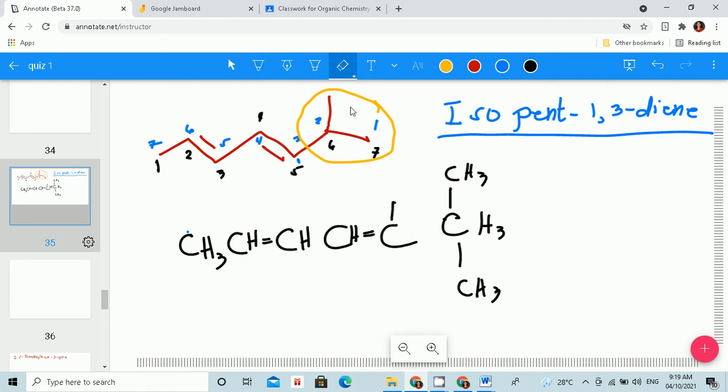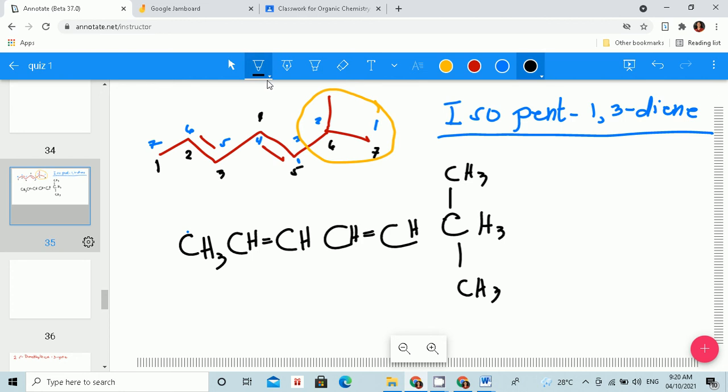And then we have here an H also. Okay. 1, 2, 3, 4. Yes. And then we have this one. Okay, so this will be our condensed structure.